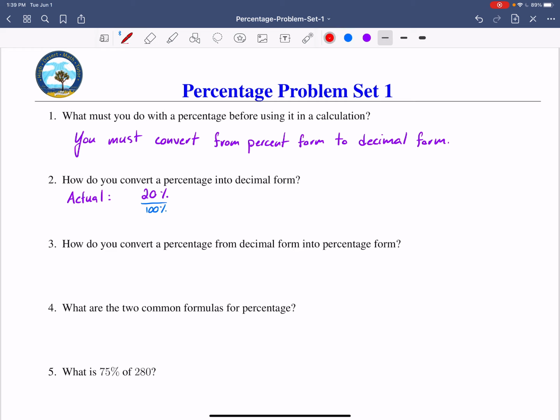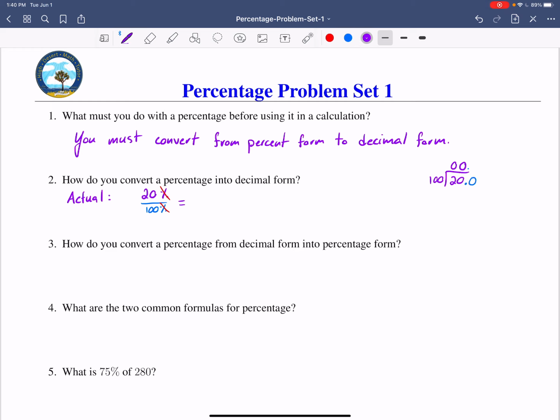When you divide it by 100%, these percent signs go away. And then you divide 20 by 100. Well, 100 goes into 2 0 times. 100 goes into 20 0 times. So now we add a decimal, and that allows us to add a 0 down here.